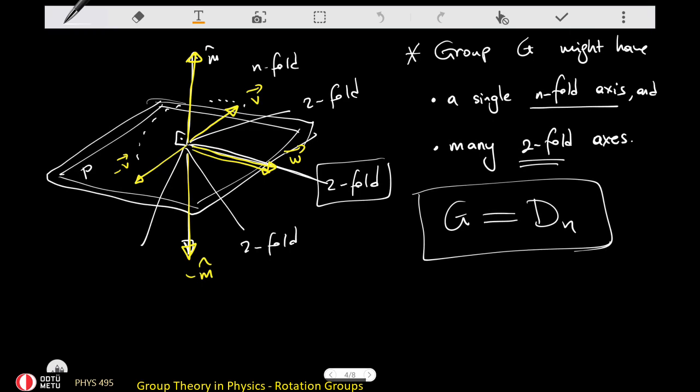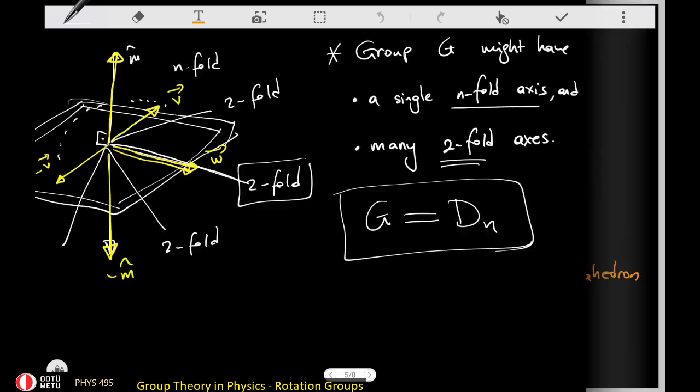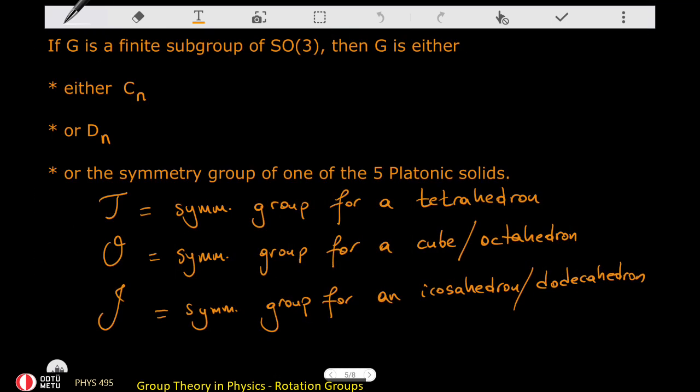Okay, so it appears that in 3 dimensions, of course, there are more possibilities, but just a few. So it appears that there are actually 3 more possibilities in 3 dimensions. There are 3 more groups that we can actually count. And the whole result can be expressed like this.